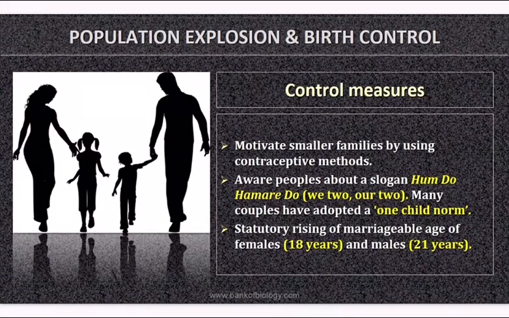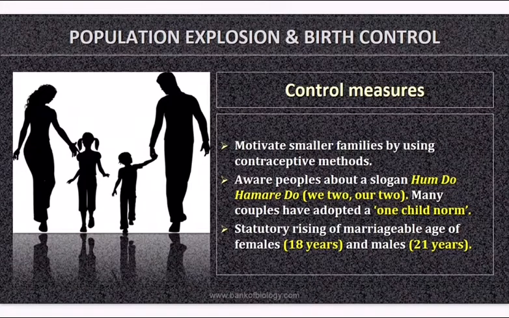And how to control it? If you want to have a peaceful life, a comfortable life, we need to control this population explosion. The regulation of conception by preventive methods or devices to limit the number of offspring is called birth control. So the only way is birth control or contraception.